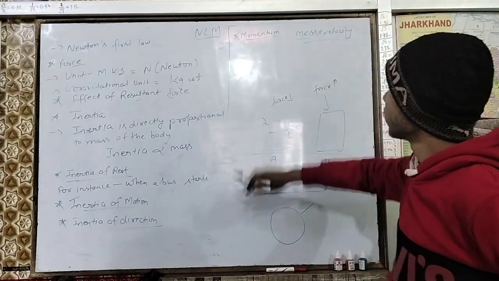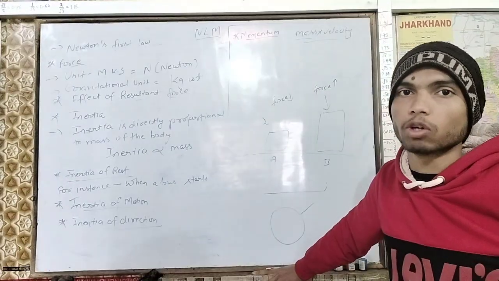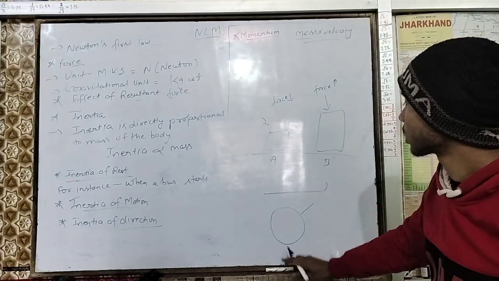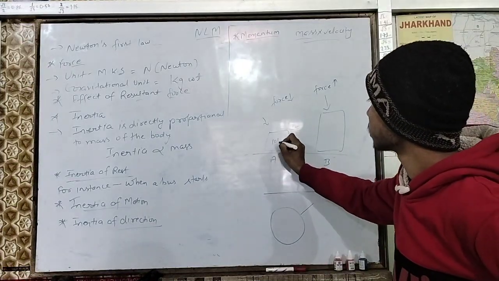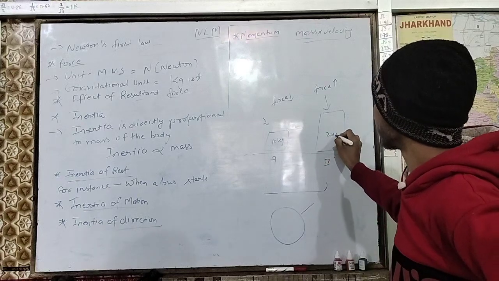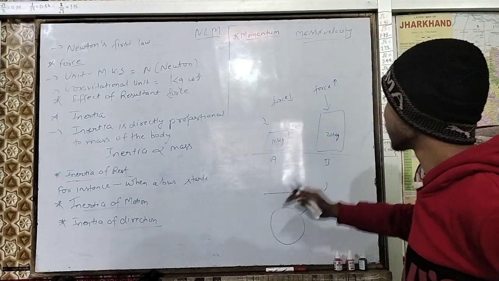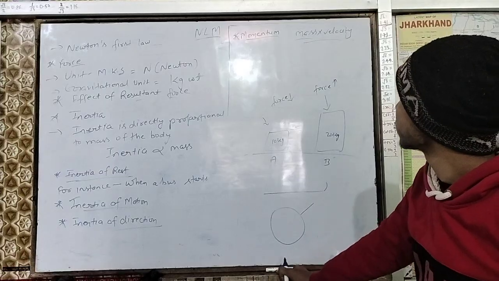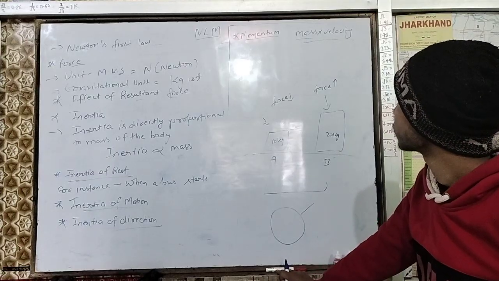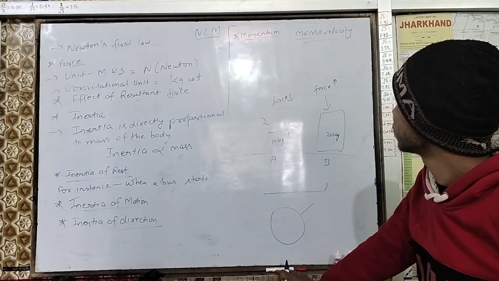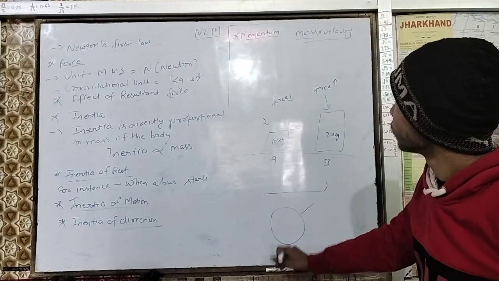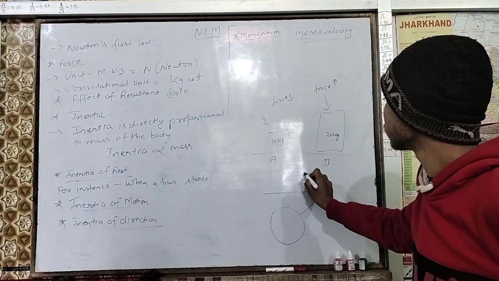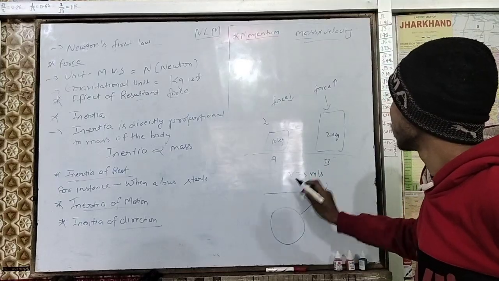At the same time, we will see what the mass of the object is. For example, this is an object and this is an object. You can see this is 10 kg and this is 20 kg. Now let's say velocity is constant, 5 meters per second.